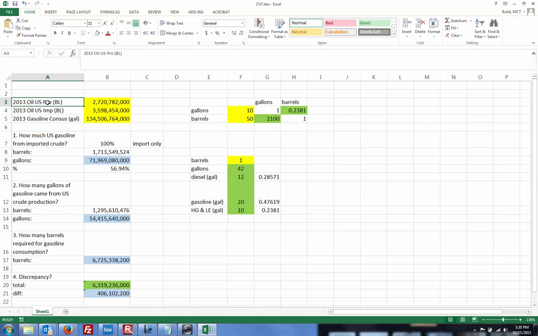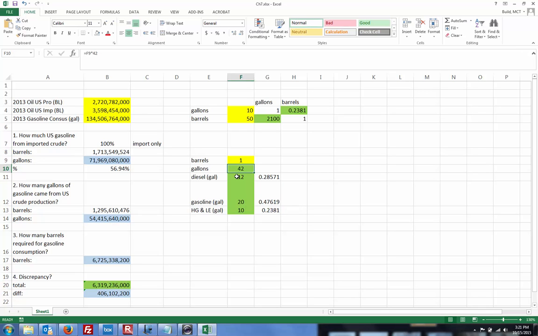So the question that we're being asked to solve is, how much gasoline did we use from imported crude? And we're gonna work with the assumption that in a single barrel of oil, we can make 42 gallons of fuel total.